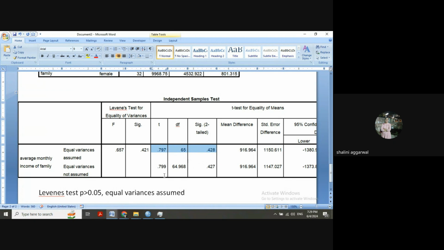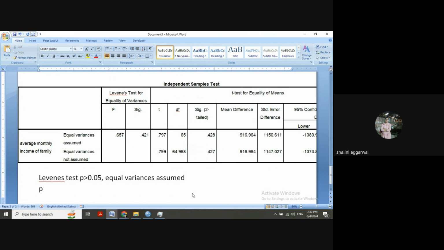So there are two results given. Which one will you choose? It depends on this value. If this value is greater than 0.05, you will choose the above one, right? So this is the t-test value. This is degree of freedom, and this is the significant value. Now you have to look at this 0.428.